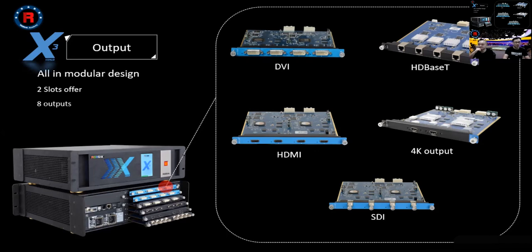What are their applications? Okay. HDBaseT is always used for projectors, and SDI is for the broadcast industry, sending out signals in SDI output for broadcast tracks, as they always need SDI input. Okay, thank you. That's great.